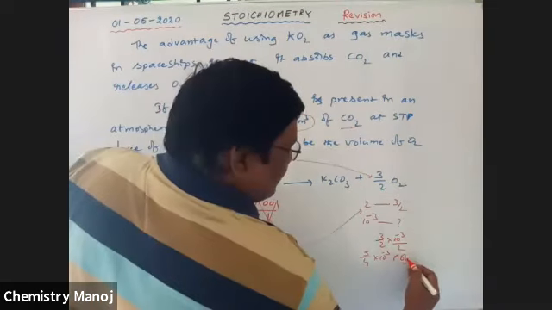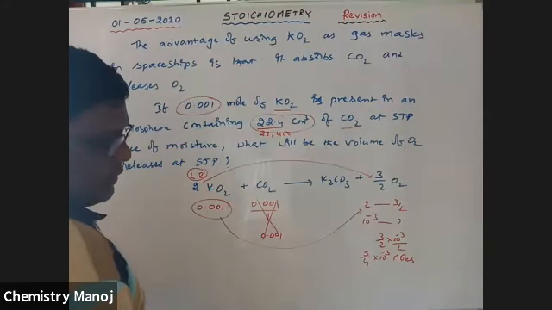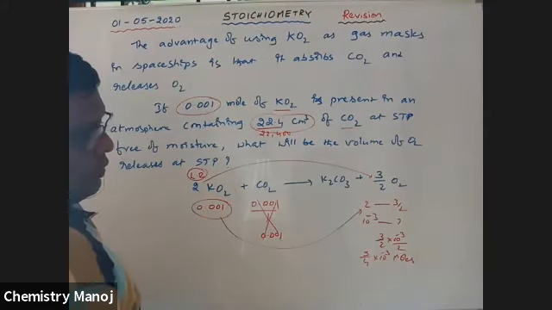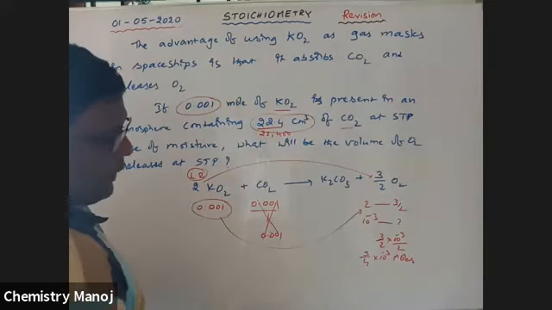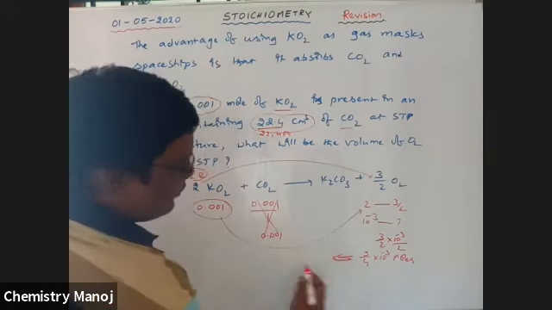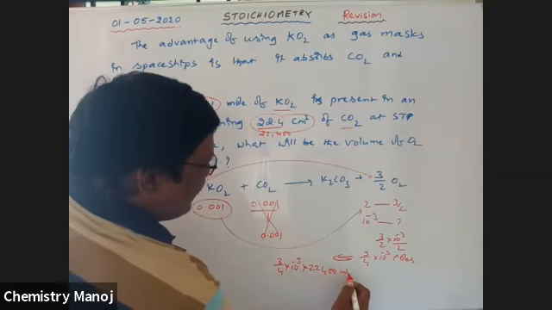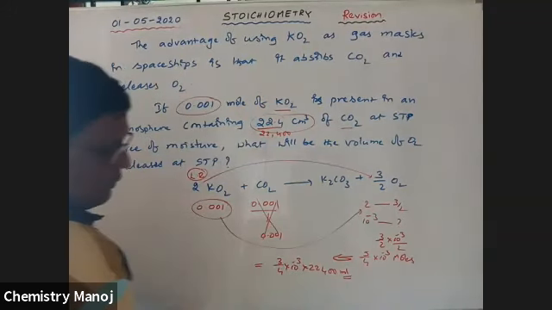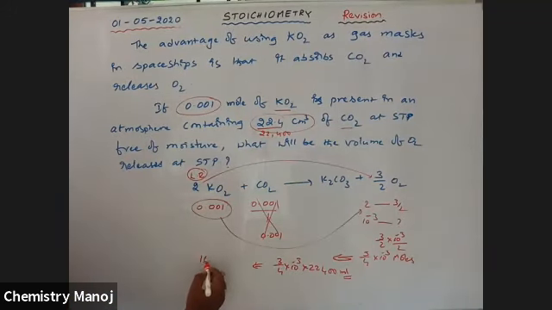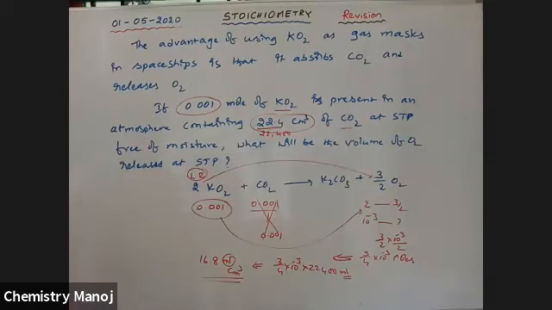So convert into milliliters, centimeter cube. That implies 3 by 4 into 10 power minus 3 into 22,400 milliliters, which is equal to 16.8 ml or centimeter cube.